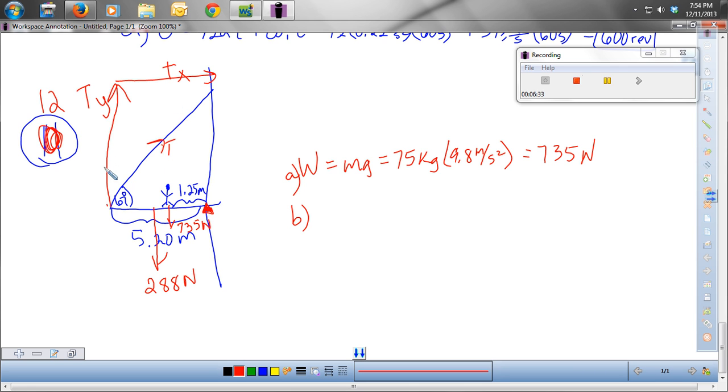The only thing that's going to rotate it is Ty. So if I follow a rotation caused by Ty, it's going to rotate like that. That is a clockwise rotation. His weight is going to make it fall in that direction. If I cut that string, it would fall like that. So these two forces are going to create what we call counterclockwise torques.